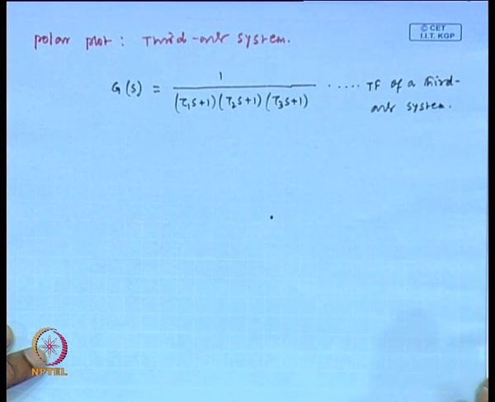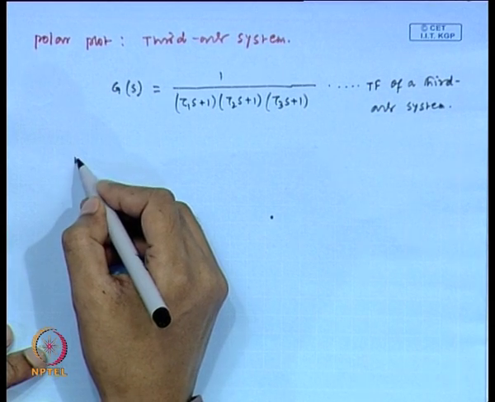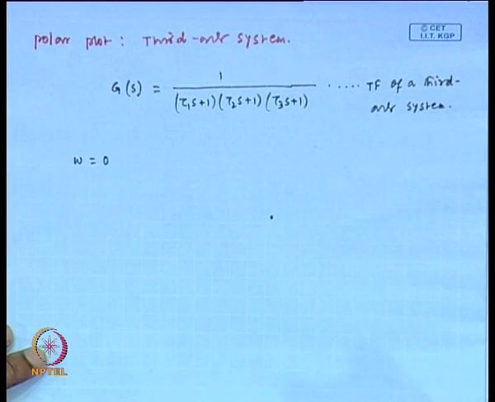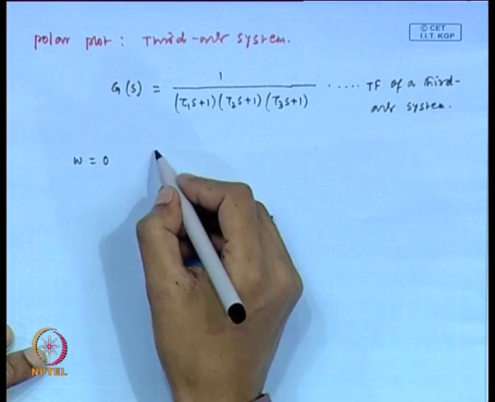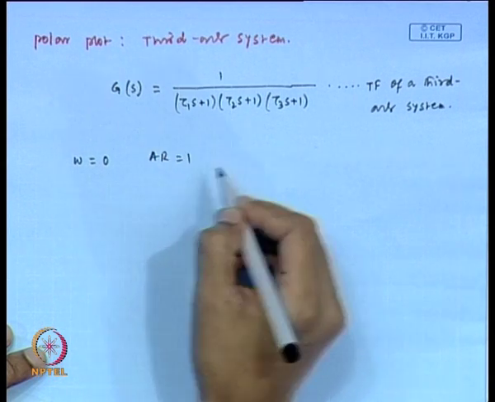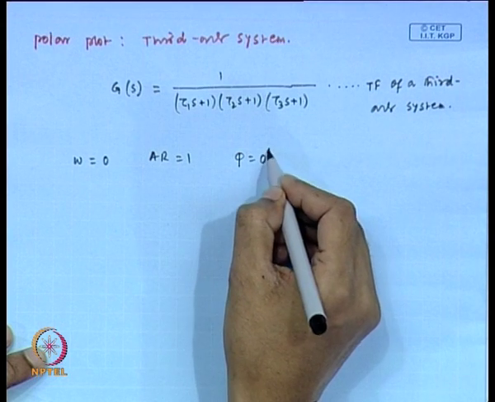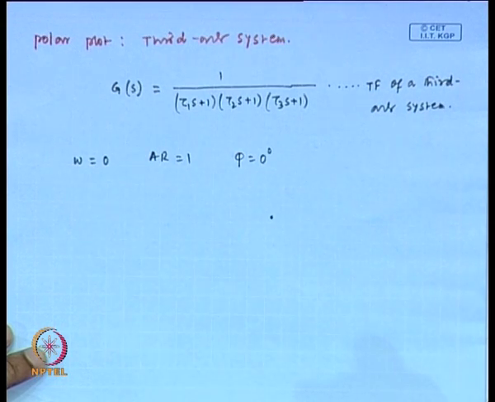Now, it is easy to show that when omega equal to 0, amplitude ratio becomes 1 and phi becomes 0 degree.